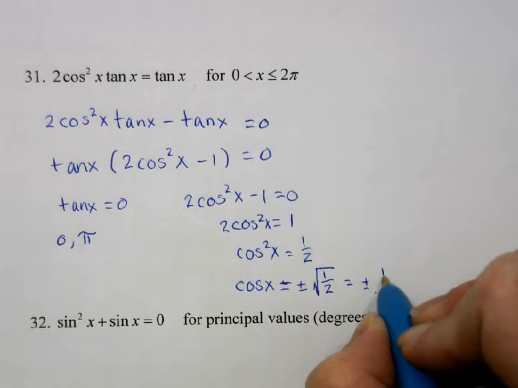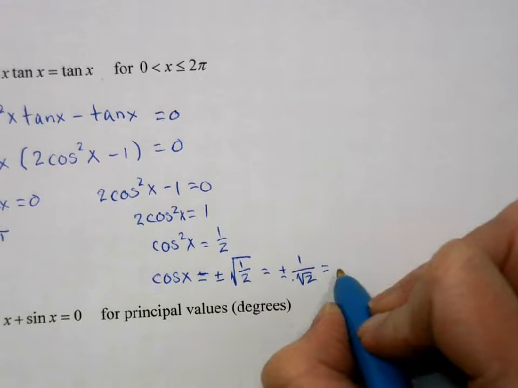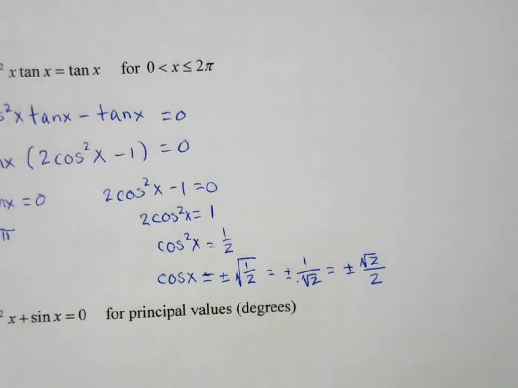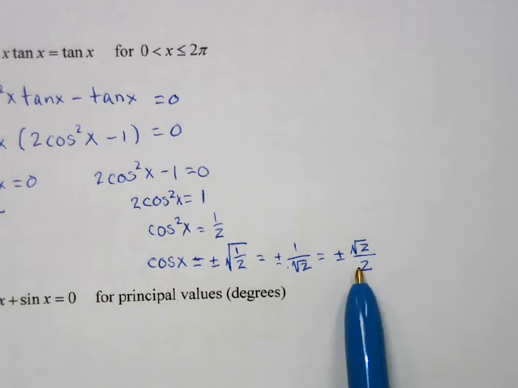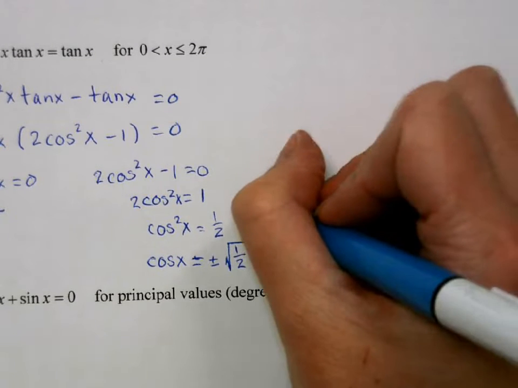So we're looking for all 4 locations where our x value is either positive root 2/2 or negative root 2/2, which is at all of the pi over 4s. So pi over 4, 3 pi over 4, 5 pi over 4, and 7 pi over 4.